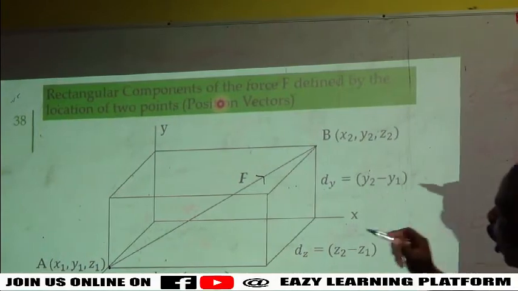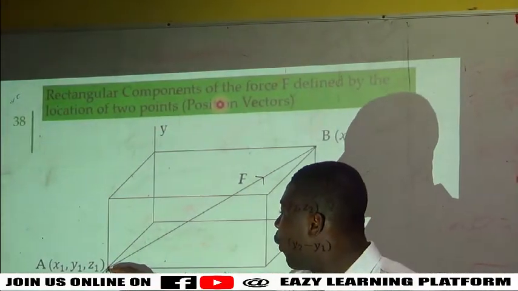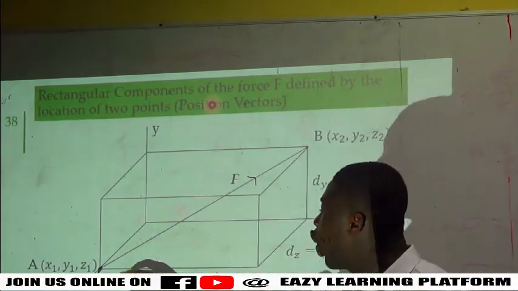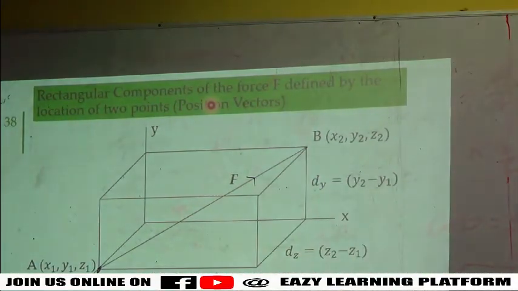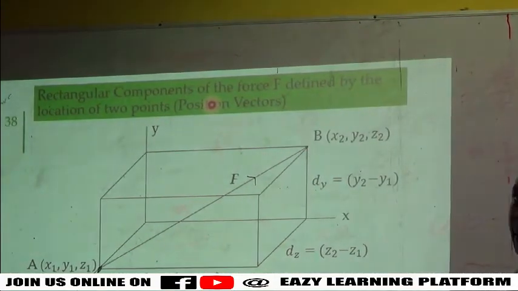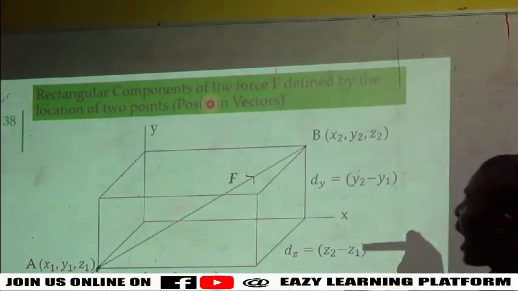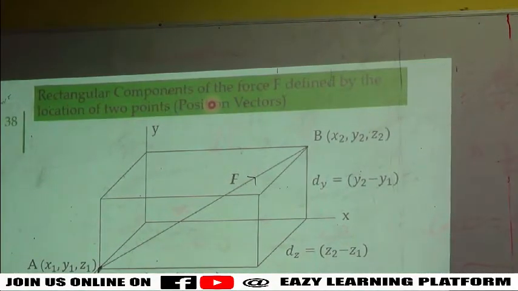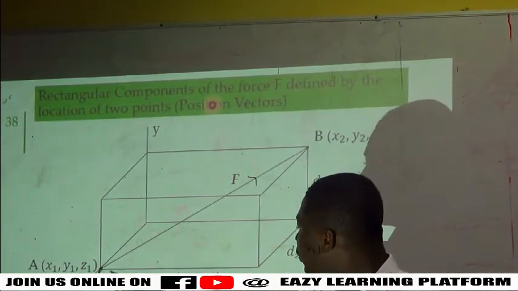So from the origin of the force, where the force is starting, you are going to move along the Cartesian coordinate to locate the force here at B. So you are going to move from A along the Cartesian coordinate to B. I will move this way.